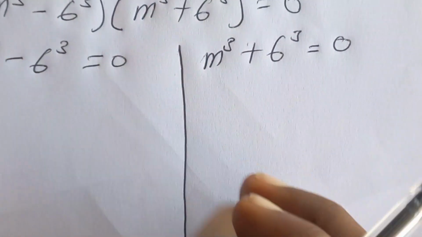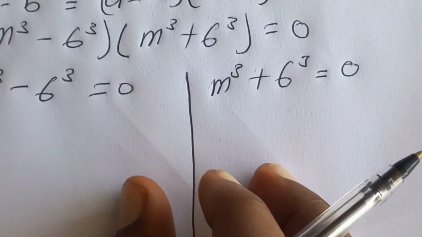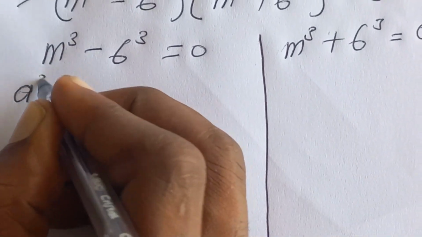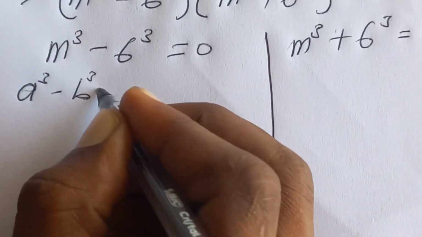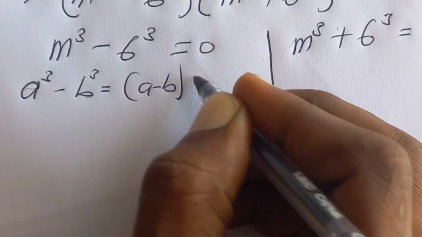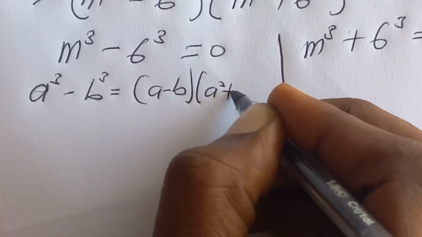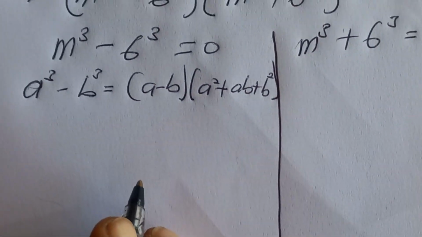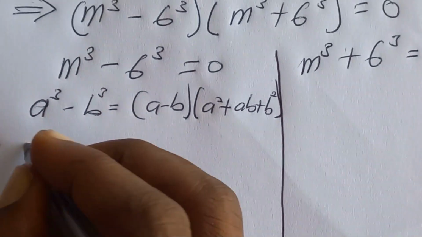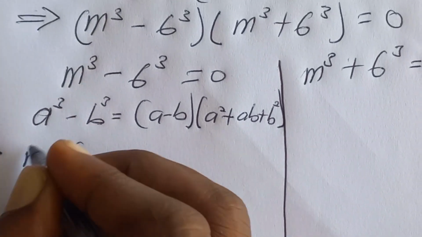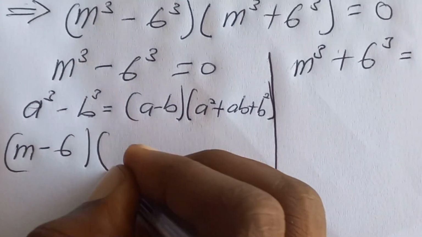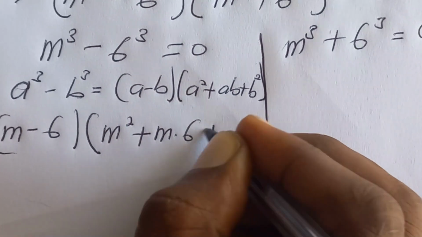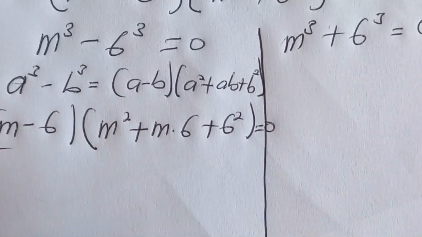Now, let's solve case 1 first. In algebra, we have a cubed minus b cubed is equal to (a minus b)(a squared plus ab plus b squared). So our expression for case 1 now becomes (m minus 6)(m squared plus m multiplied by 6 plus 6 squared) is equal to 0.